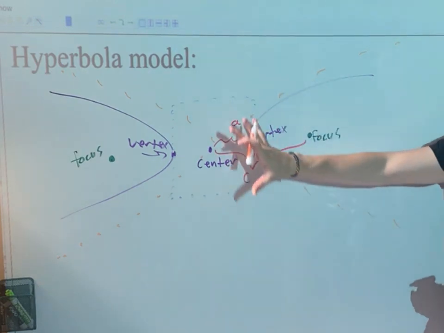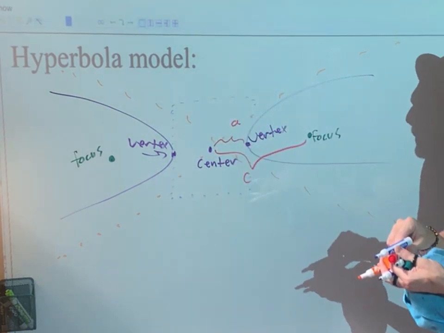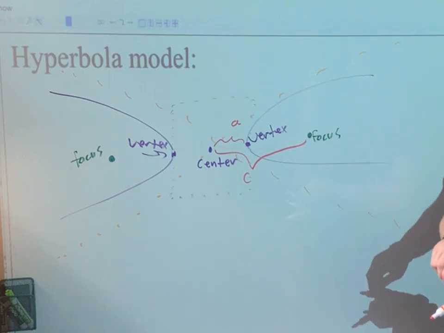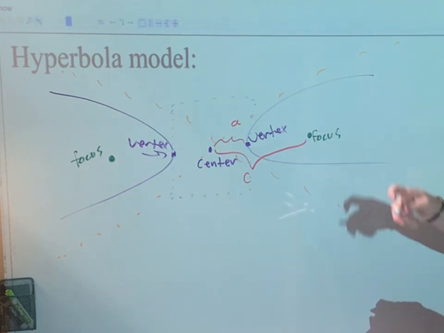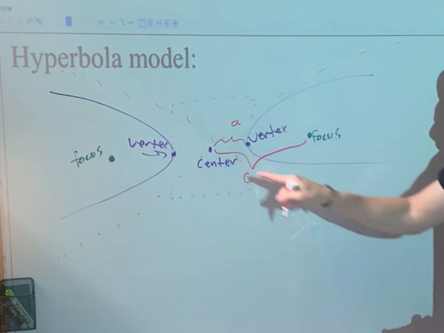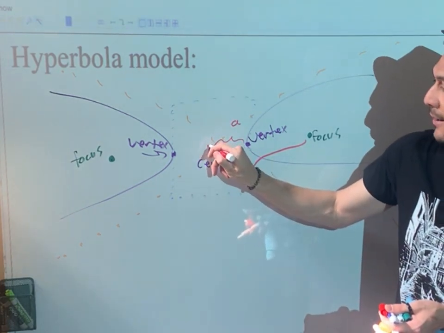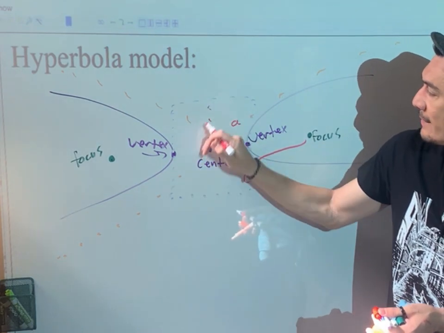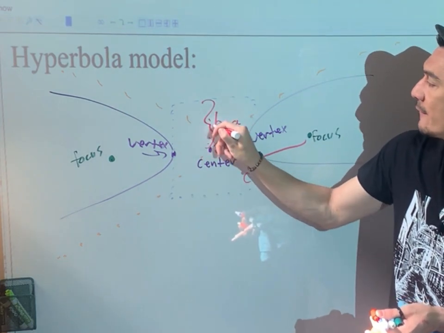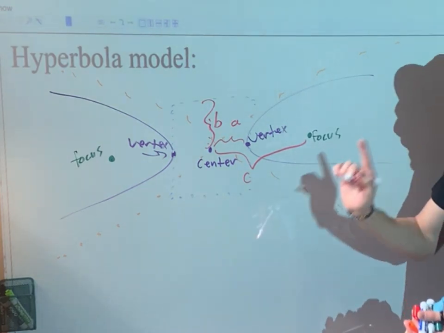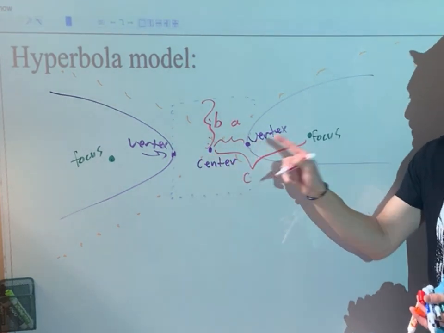And the reason I draw this box is to show you what the value of B is. So I told you what A is. We looked at C. Now the value of B is going to be this. From your center, go either straight up or straight down. And that there, that would be the value of B. Okay, so we have A, B, and C, where A is from the center to a vertex.